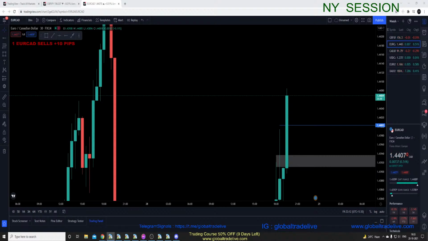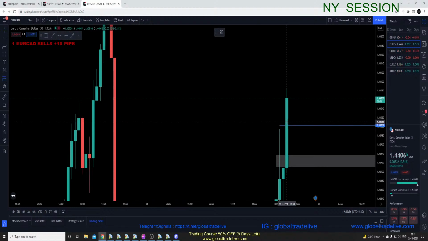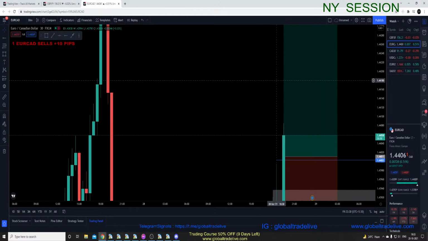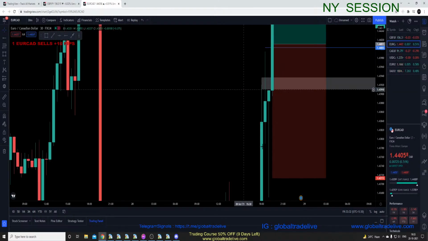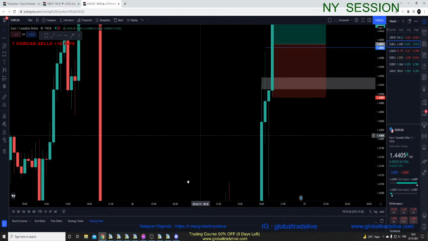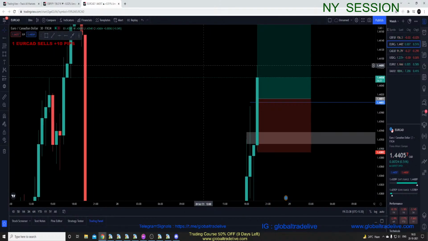So the execution point, 1.44012. Execute it over here. Kept stops under the low of current candle.